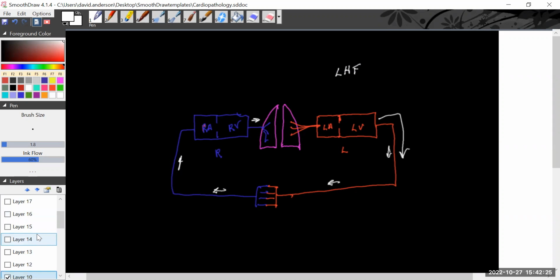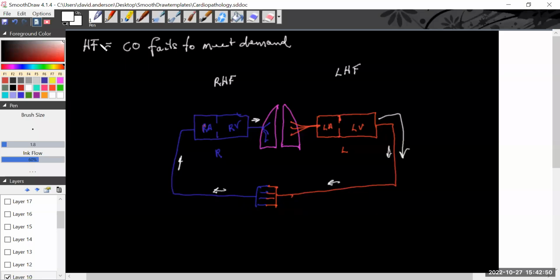So in left heart failure, so this would be our right heart failure on this side. In heart failure generally, cardiac output fails to meet demand. And it doesn't matter whether we're talking about right side or left side.